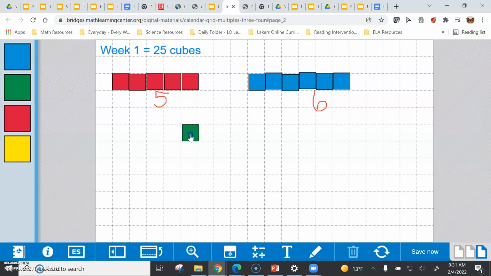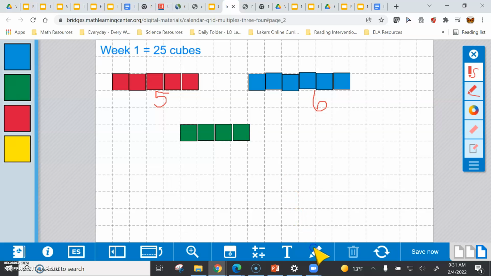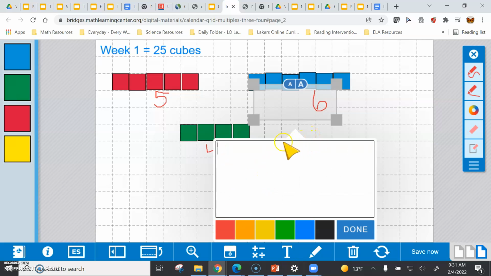I'm going to add a 3rd number. 1, 2, 3, 4. Ooh, juicy. So now we have a math equation that really could be tricky, but we're going to use what we know. Our math equation is 5 plus 6 plus 4.